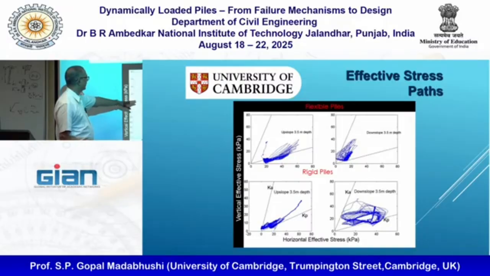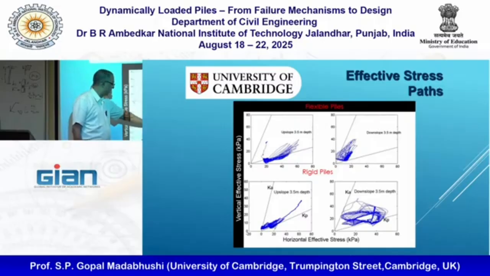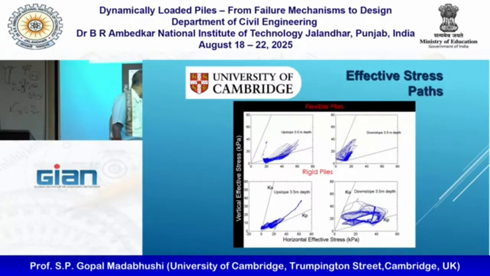And again you can see, this we have already seen, this one goes even further up the Kp line. And downslope, you are always getting these loops. And I already explained that.